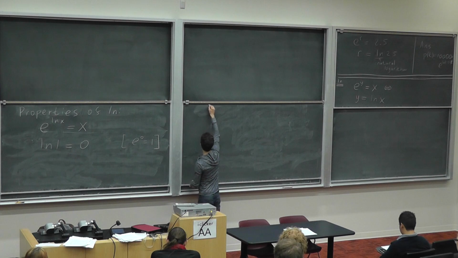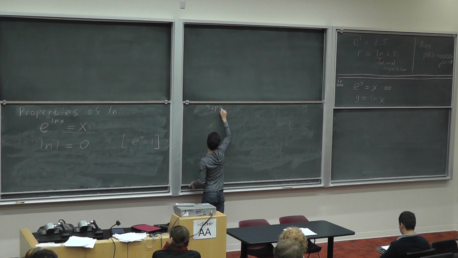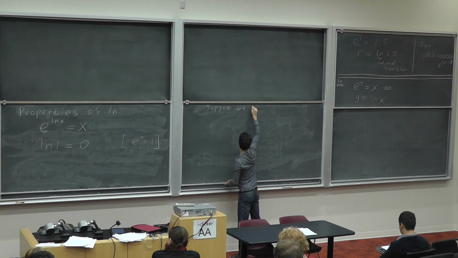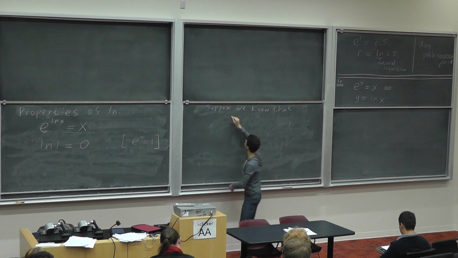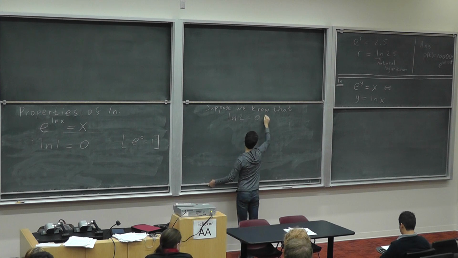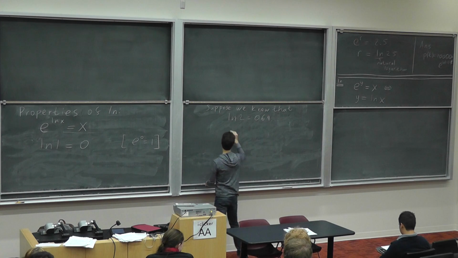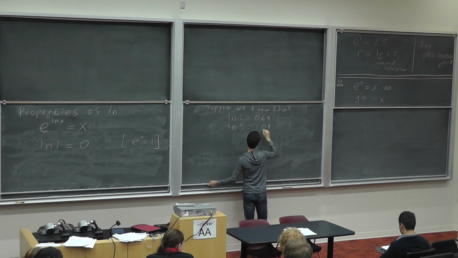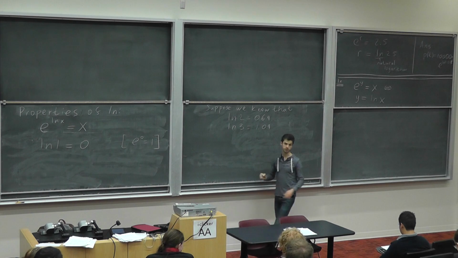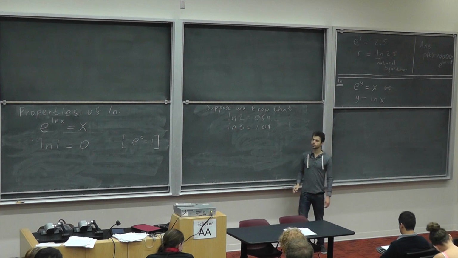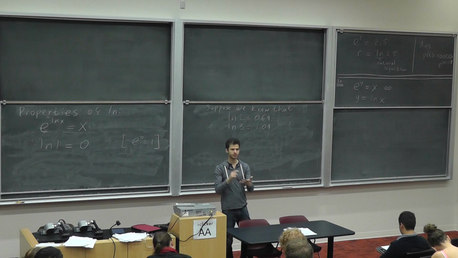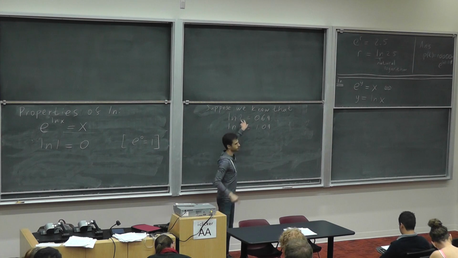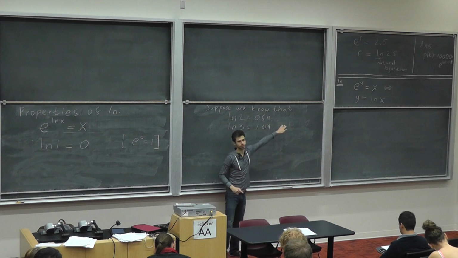So suppose we know that ln of 2 is 0.69 and some other digits afterwards, and ln of 3 is 1.09 and some other digits afterwards. So I just tell you that this is true, or maybe you take your calculator, type ln 2, and that's the answer that you see.